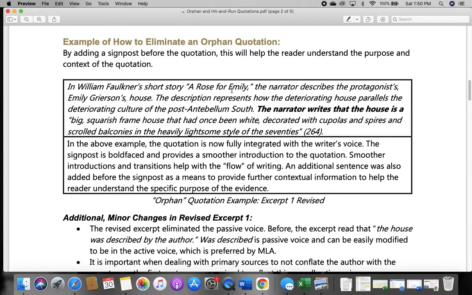But the very explicit signpost here is the narrator writes that the house is a, and then I give that quotation, big squares, blah, blah, and then the in-text citation with just the page number there. It's only italicized for the sake of the handout. Otherwise, it wouldn't be italicized.